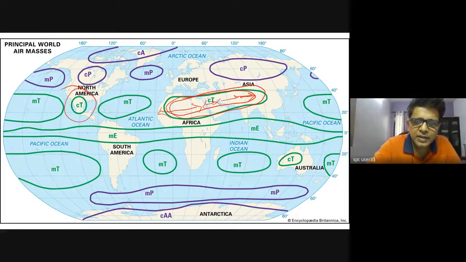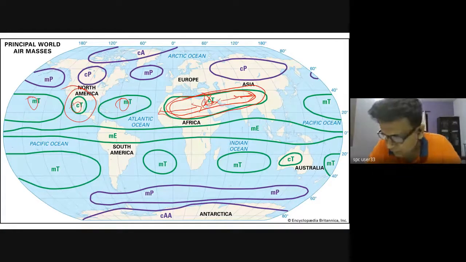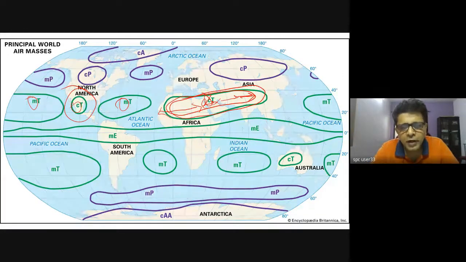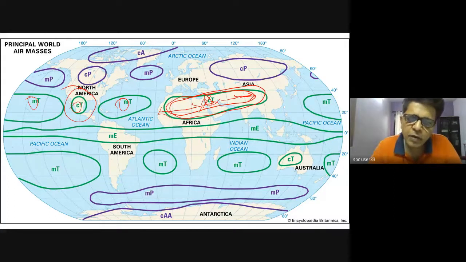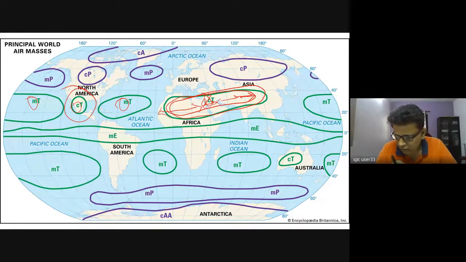The C represents the continental aspect, and the M represents the water part of it, maritime. So this was the basic classification, also called the geographic classification of air masses. As you move towards the equator, they get warmer, and as you move away from the equator, they get cooler. That is the geographic classification.